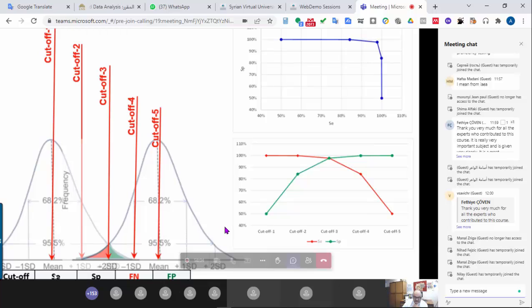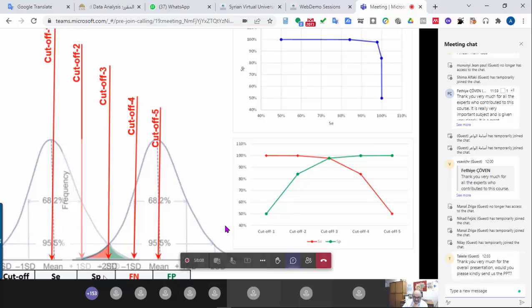It's only two columns, sensitivity and specificity, dependent on the movement of the cutoff. We will get this curve. Or if we plot them against the value of the cutoff, we will have the second graph.